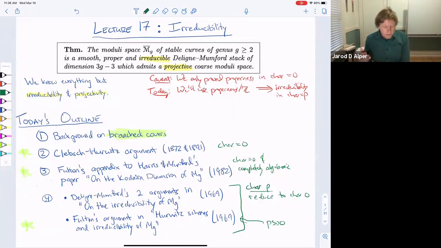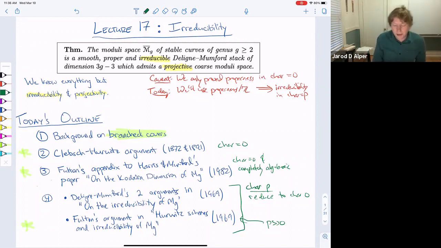Right, so we're going to cover these 3 arguments, but you'll note I'm first covering the classical 19th century argument, and then I'll cover Fulton's appendix, because it builds on a lot of ideas introduced in Deligne and Mumford's paper as well as Fulton's 1969 paper. But I feel like it's the most conceptual.